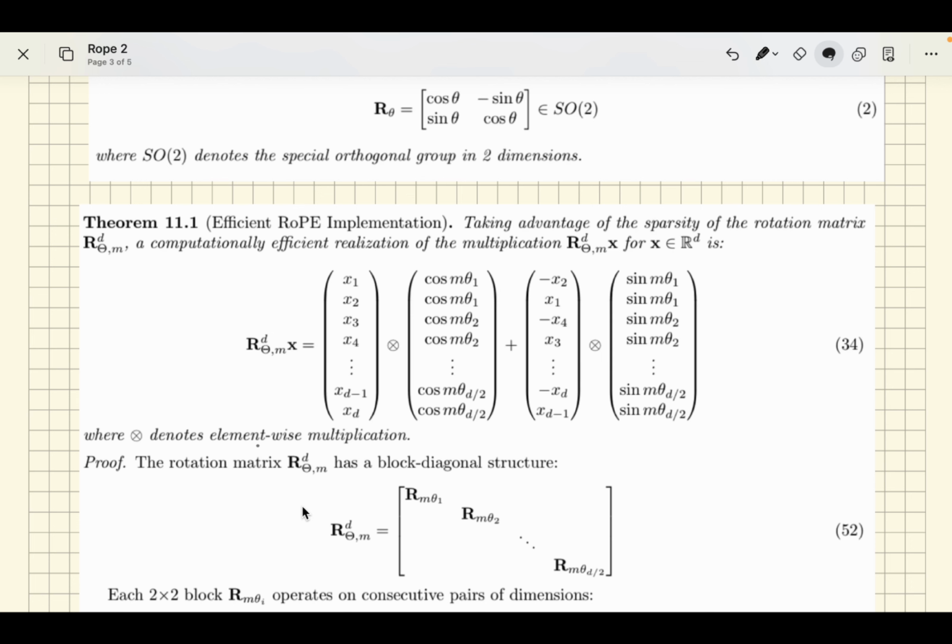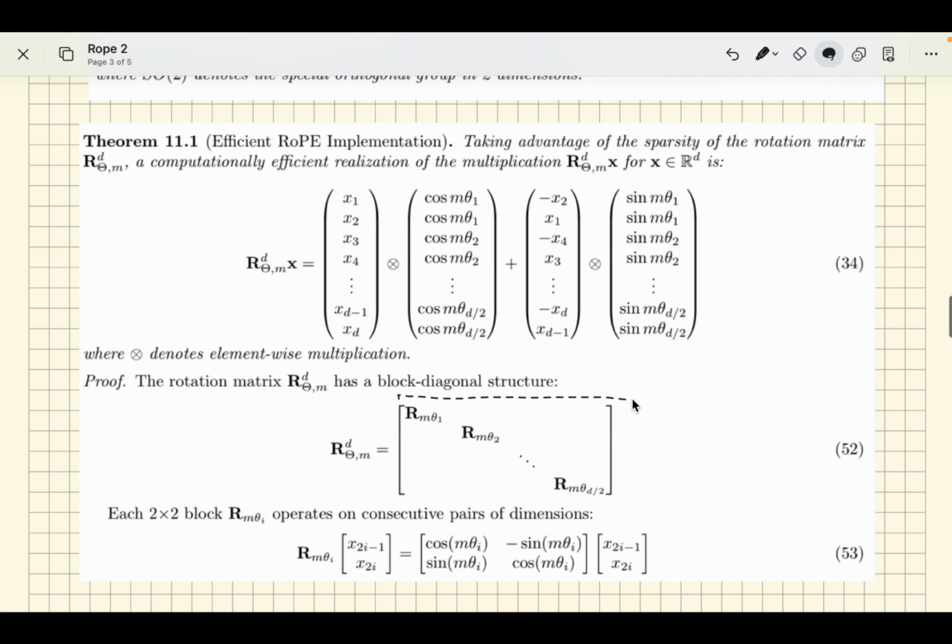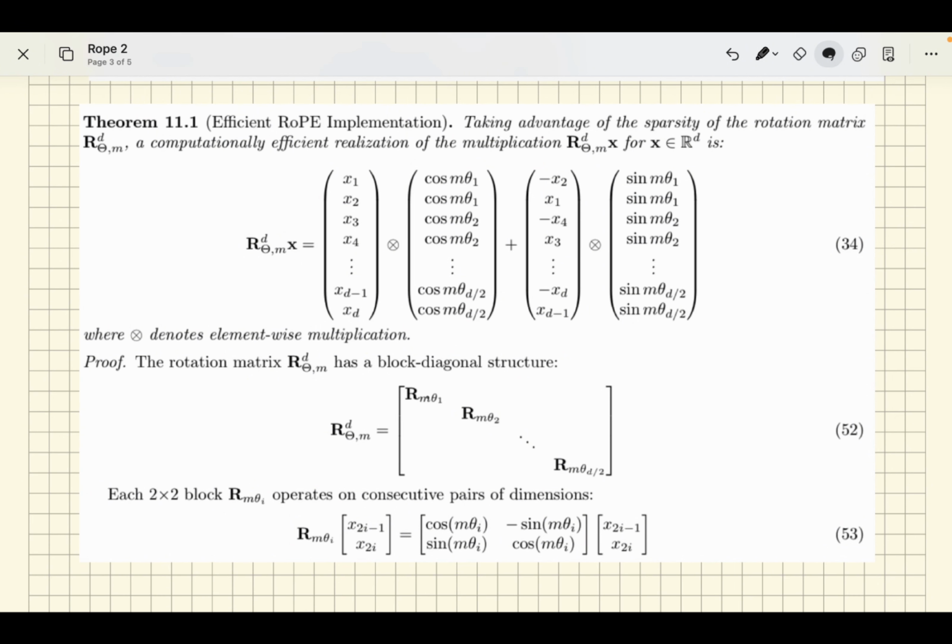With a little bit of calculation, which I'm not going to go into detail on, and again you can refer back to the paper, we can understand these matrices, and by the way, this sign is element-wise multiplication. We can simply represent them as this block diagonal matrix, where each block for m theta_i can be seen as cosine m theta_i, minus sine m theta_i, sine m theta_i, and cosine m theta_i.